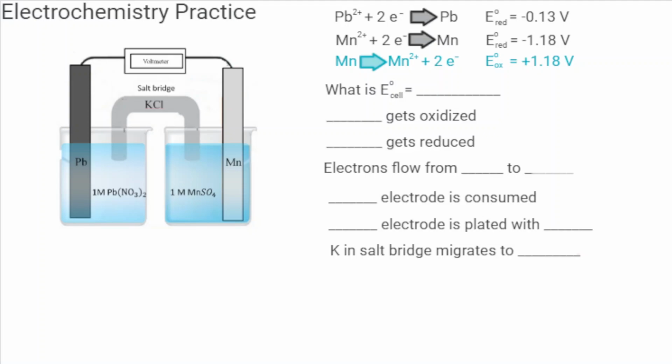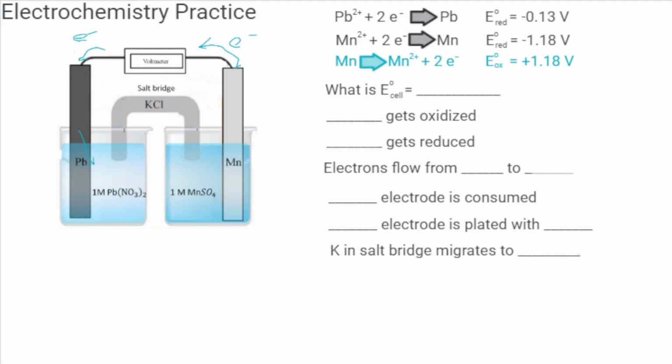Now that we know where our electrons are coming from, I'm going to fill out some more information here. From our manganese, we are producing electrons. That's going to flow through a wire down through our lead electrode, and it's going to be interacting with our lead 2 plus.